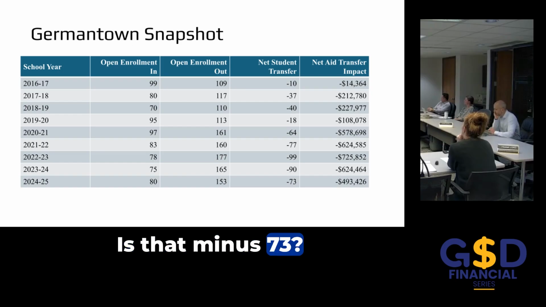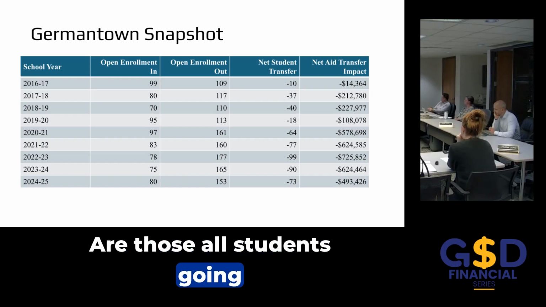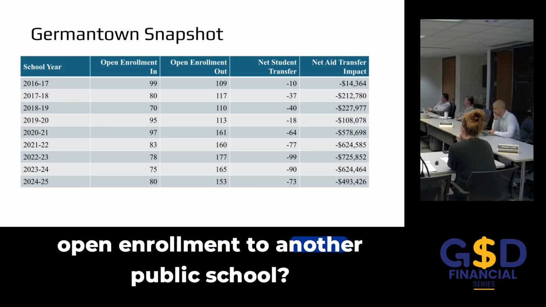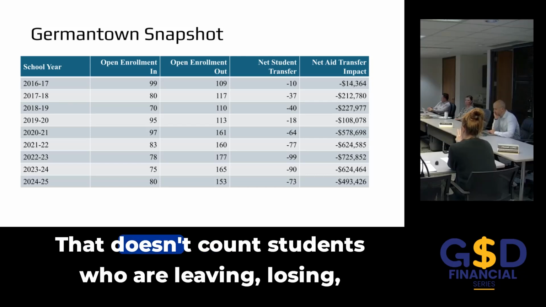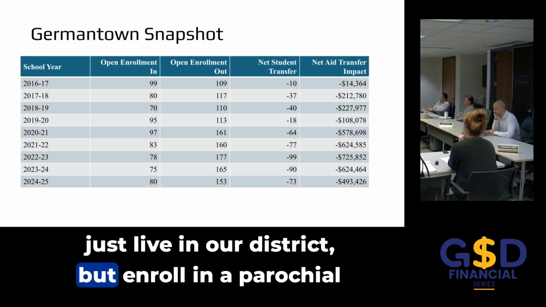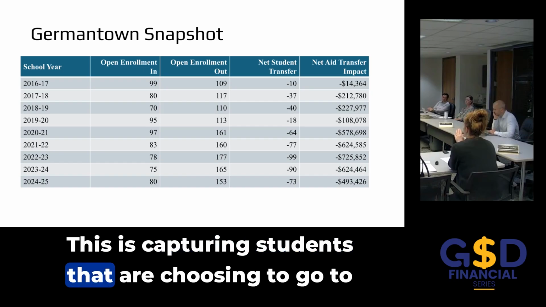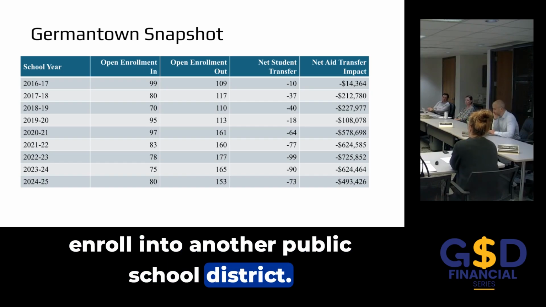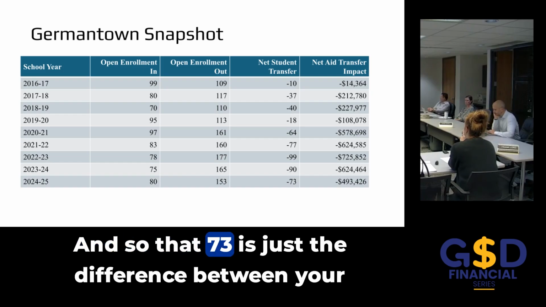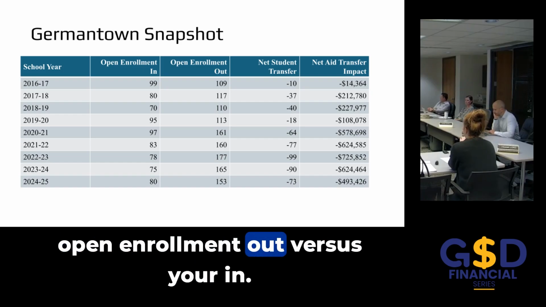Of that minus 73, are those all students going open enrollment to another public school? Yes. That doesn't count students who live in our district but enroll in a parochial school. No, this is capturing students that are choosing to enroll in another public school district. So that 73 is just the difference between your open enrollment out versus your in.